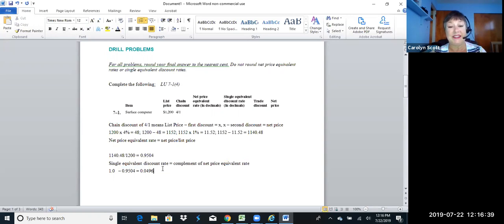Now, in this case, it is very close to 5%, but they're not rounding it up to 5%. The way they actually take the discounts is one, then the other, so it's a little bit less than adding them together.